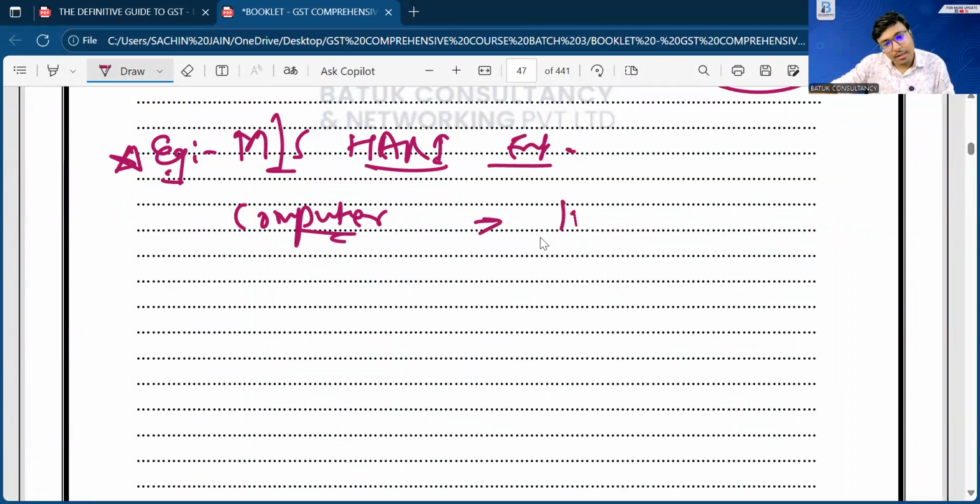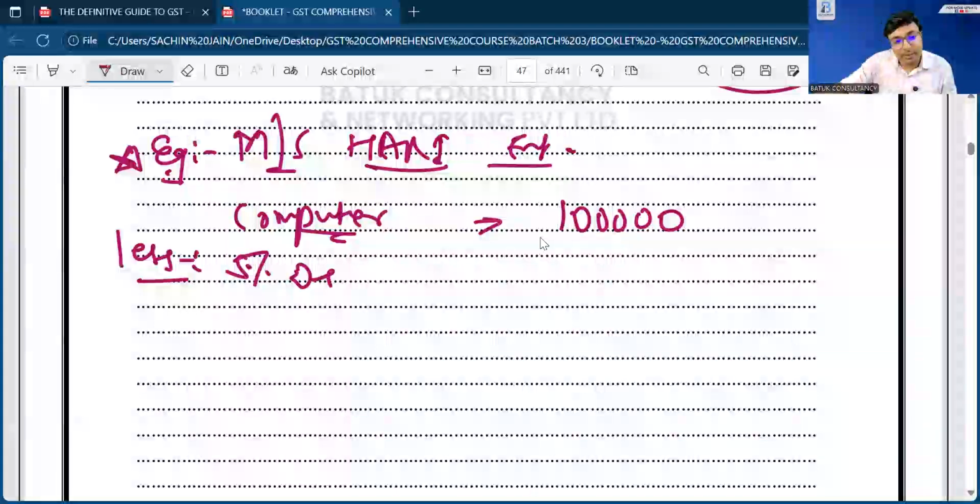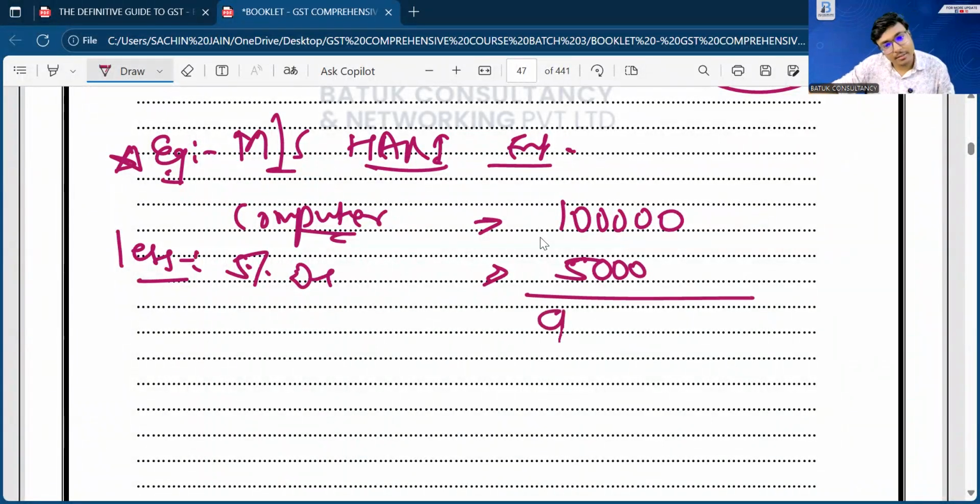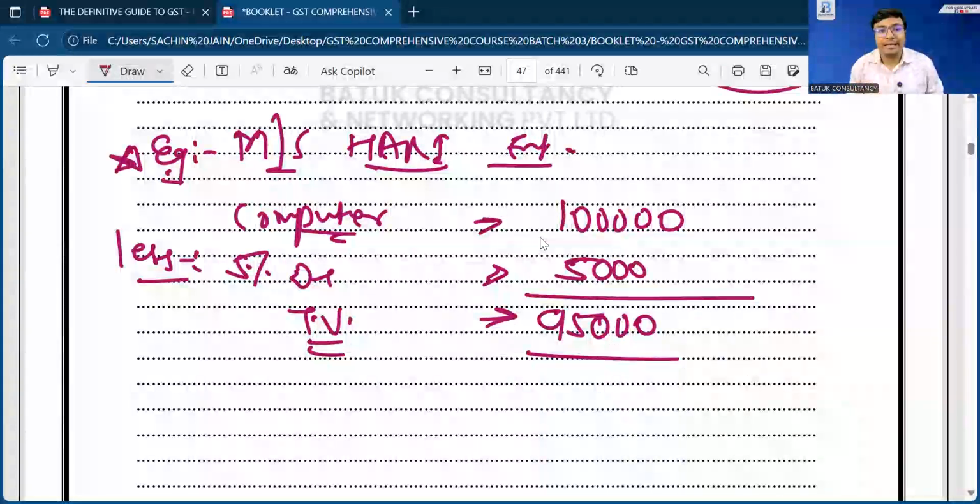Okay. The price of the computer is 1 lakh rupees, and instantly Mr. Hari has provided a discount of 5%, on account of the payment immediately. So 5% discount, 5,000 rupees. So net price will be 95,000. So that will be treated as taxable value and GST will be applicable on that amount.